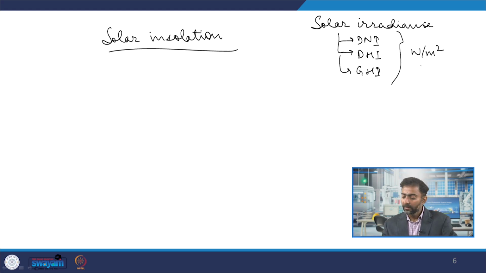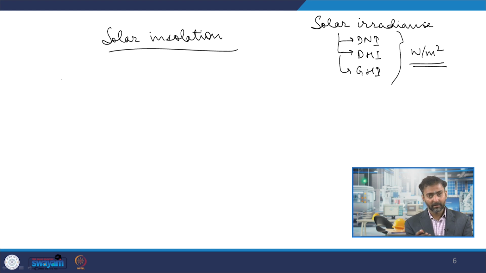So that is the standard way for measuring solar irradiance. But there is another analogous term which you should be aware of at this point, which is known as the solar insolation. This is a little different from the solar irradiation. It's very analogous but slightly different. So let's define it first.